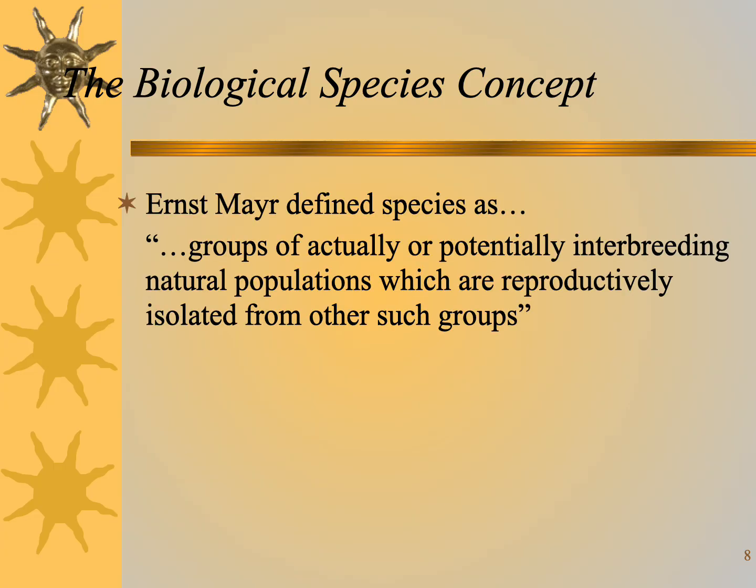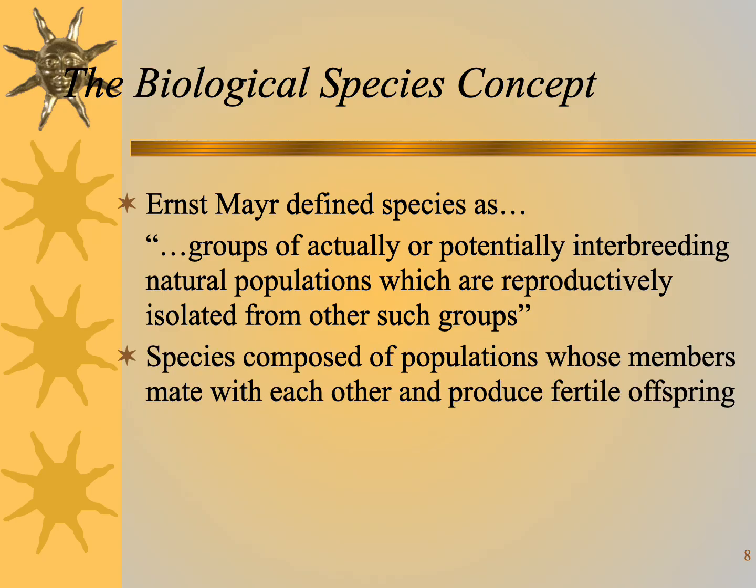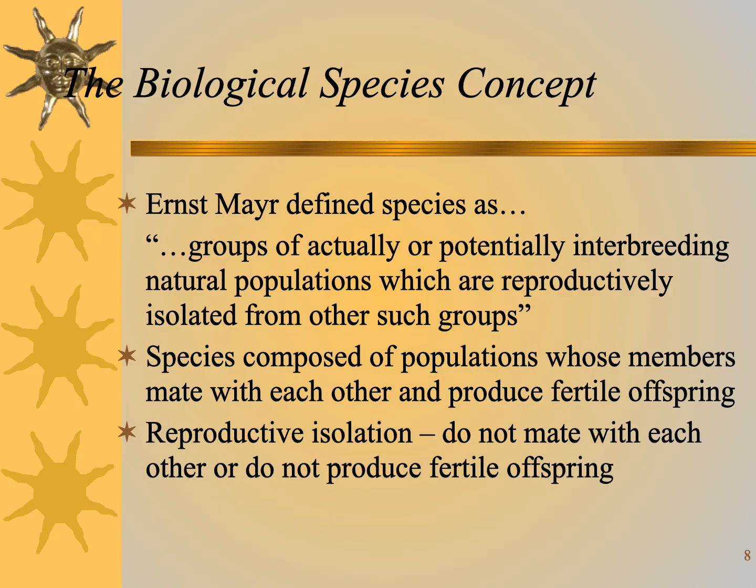So the definition of a species is groups of potentially interbreeding natural populations that are isolated. The population members can interbreed with one another and produce offspring that are fertile, and they don't mate with individuals from other groups, or if they do, they don't produce fertile offspring.